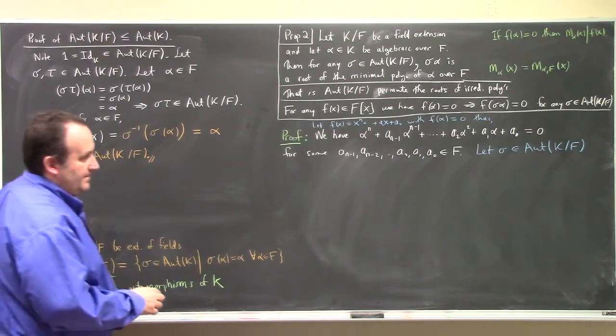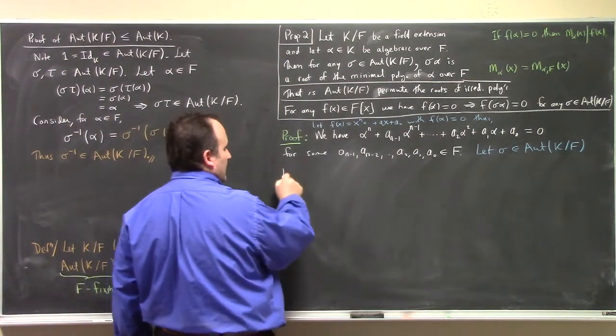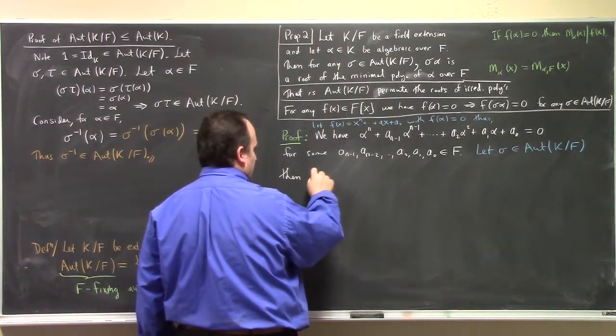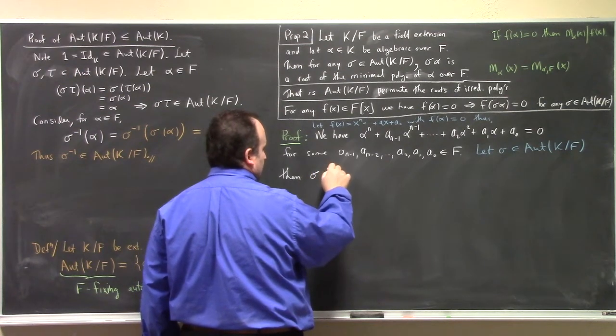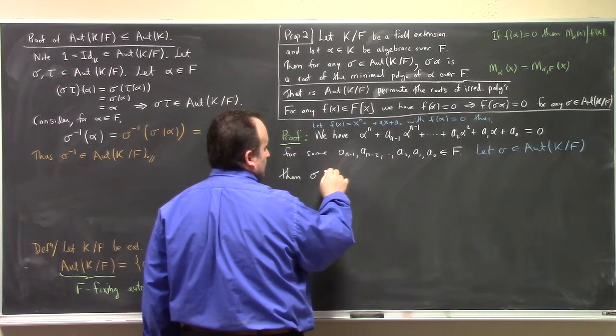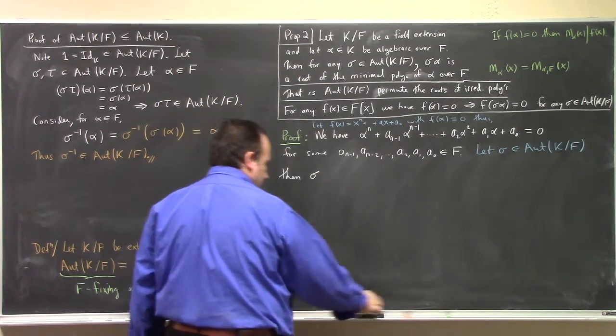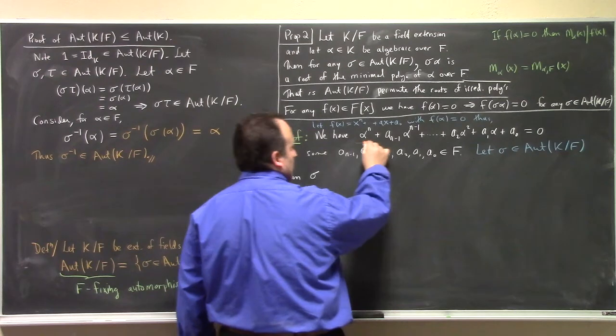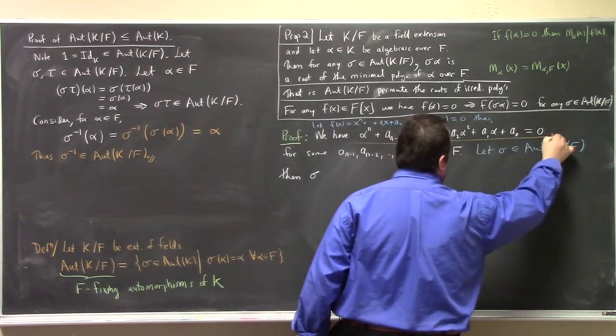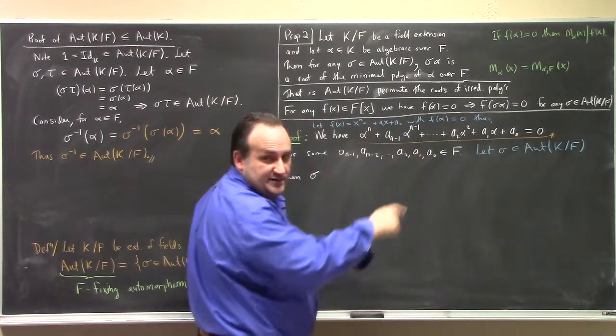Well, we know that f of sigma alpha is also... Let's see here, are we trying to prove that? Well, yeah, we're trying to prove that. So what we're going to do is take this equation right here, I'm going to call it star, and we're just going to act on star by sigma.